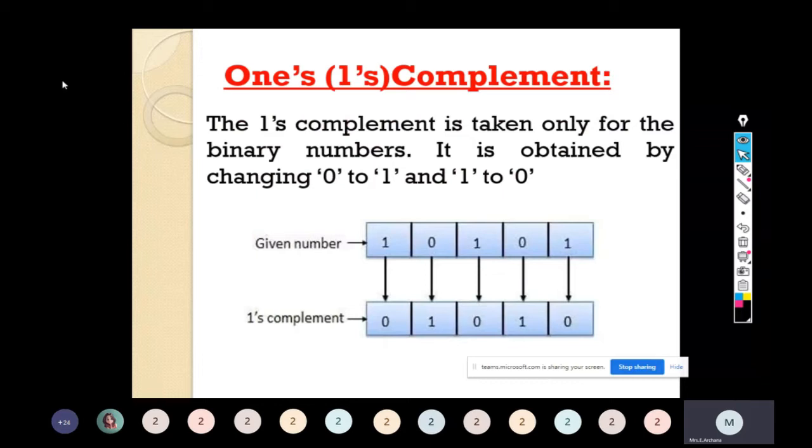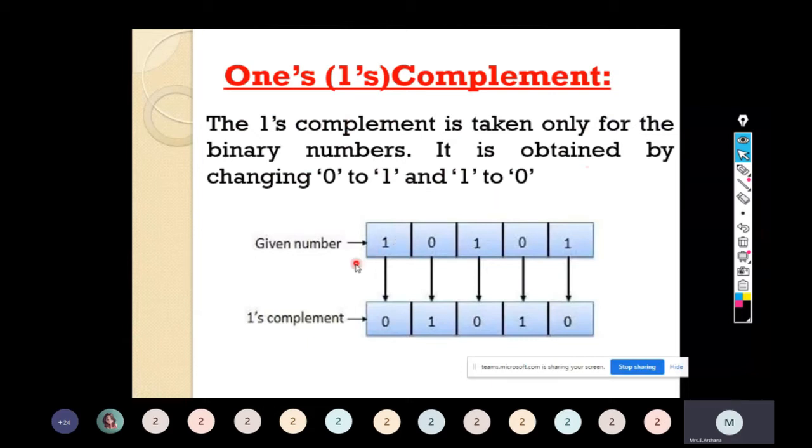Ones complement is taken only for binary numbers. So the ones complement and twos complement are taken only for binary numbers. It is obtained by changing 0 to 1 and 1 to 0.